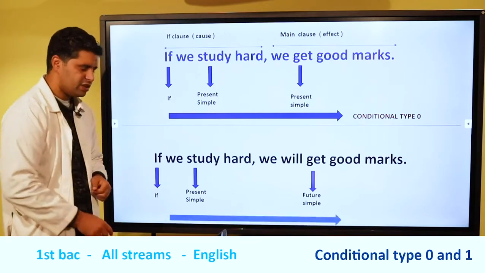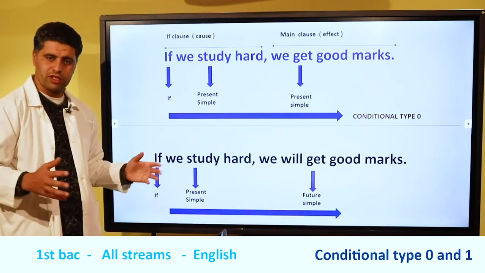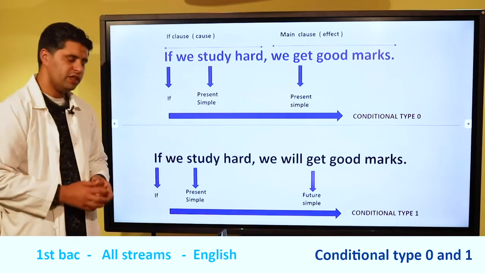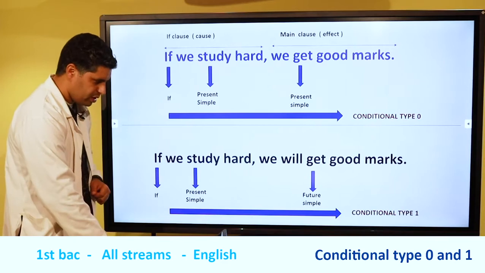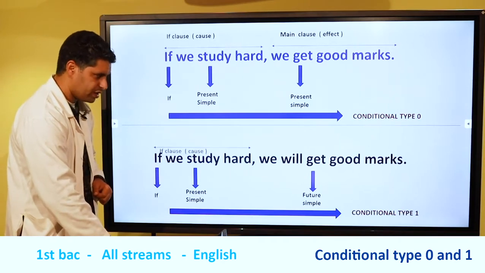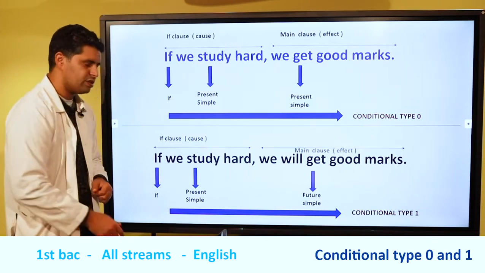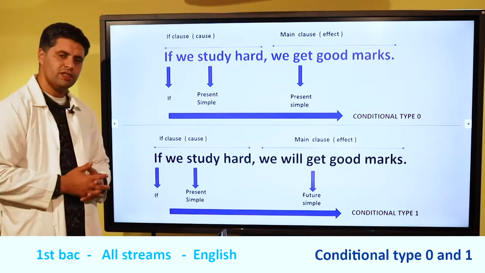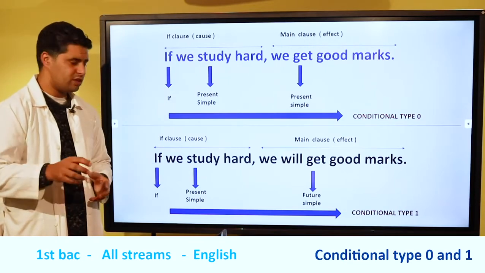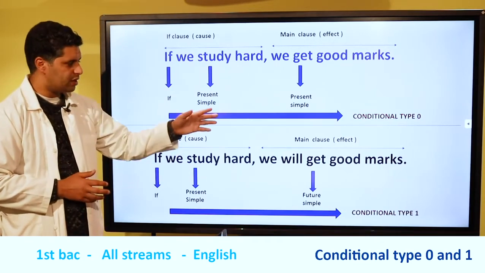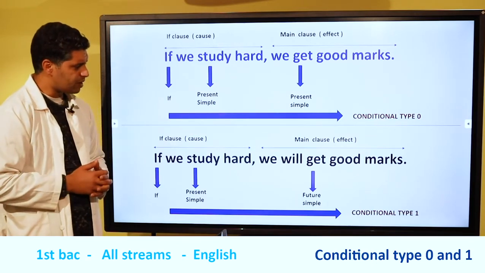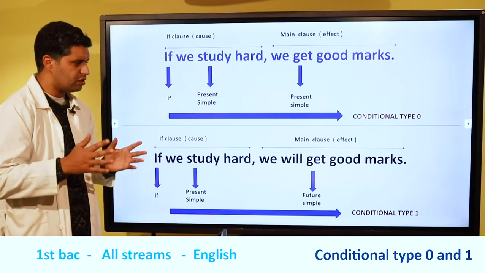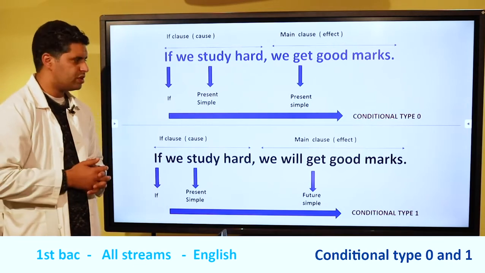Okay, so this construction, this structure, is the structure of the conditional type 1, which is made of two parts. Here also we have two parts, as you can see. So the first part is the if clause, which concerns the cause, and the second part is based on the main clause that shows the effect.